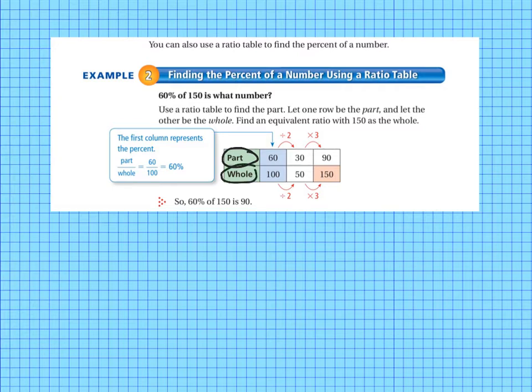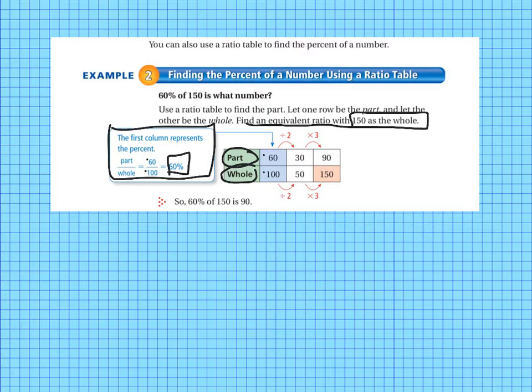So when we're doing the percent, part over whole, 60 out of 100 equals 60%. So they put that as a fraction here in our ratio table. And then it says find an equivalent ratio with 150 as the whole. So we want to turn our 100 into 150.